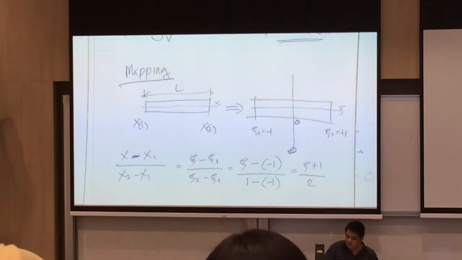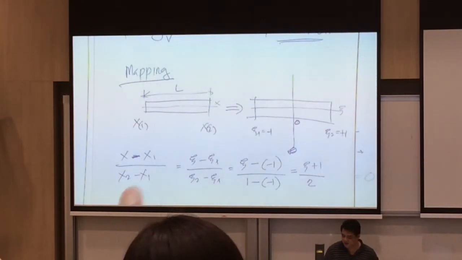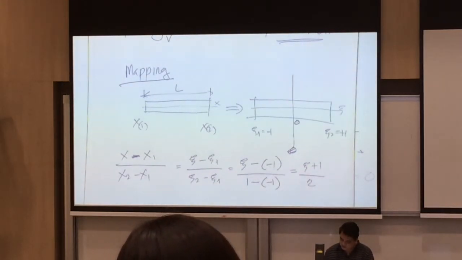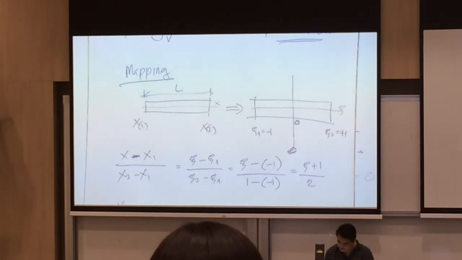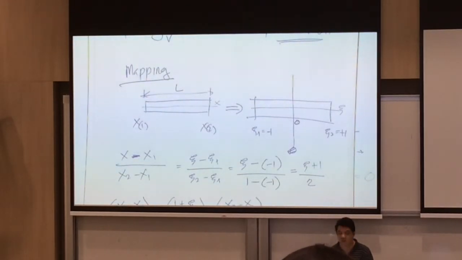And then you can simplify this one such that you solve for x. We have x minus x1 equal to 1 plus c divided by 2 multiplied by x2 minus x1.